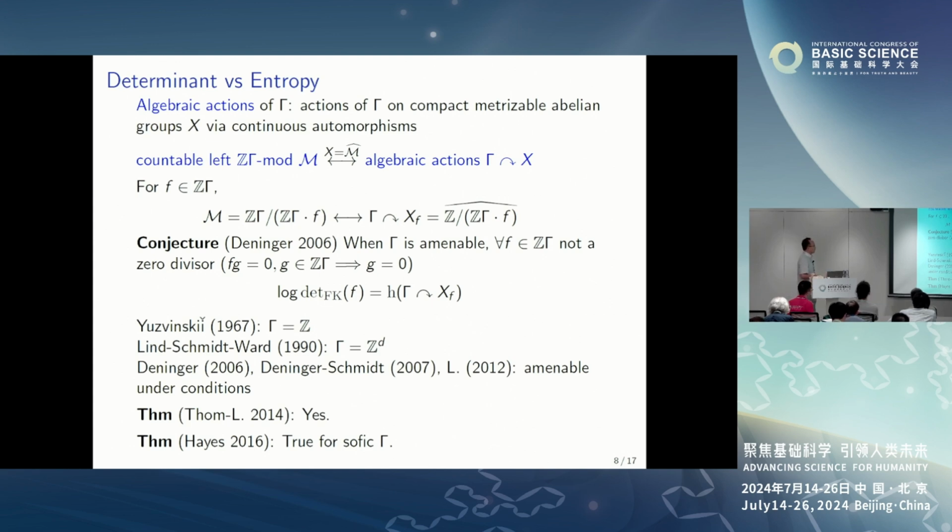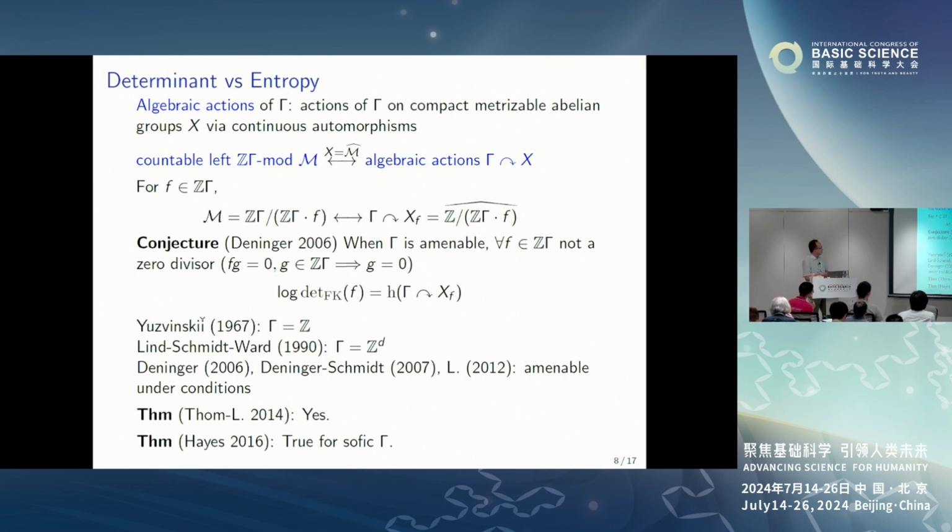In these works, they did not mention the Fuglede-Kadison determinant because they just used the Mahler measure, because operator algebra things are not tools for these people.